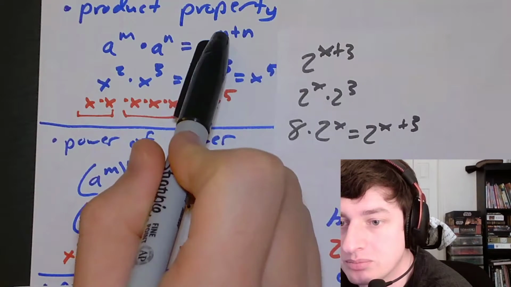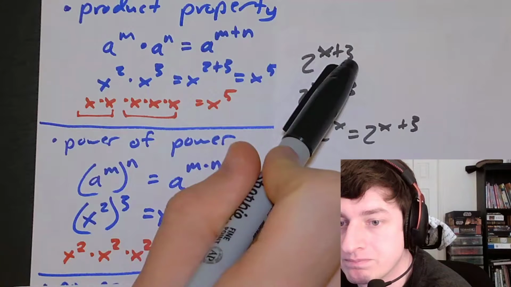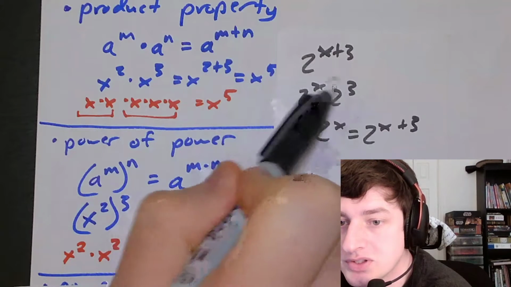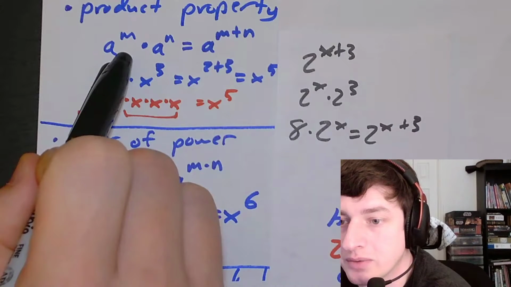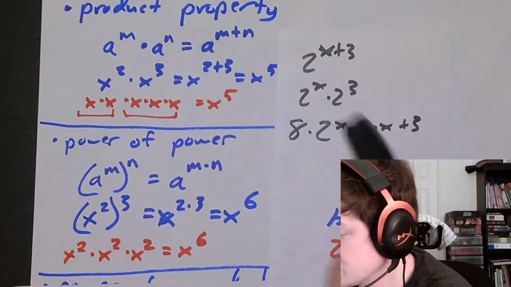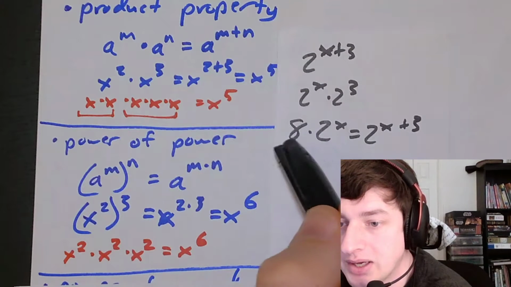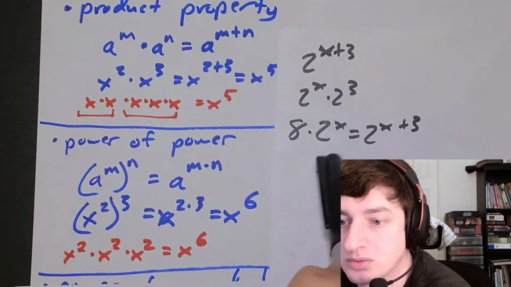This is just m plus n. A is 2, x is m, 3 is n. I can rewrite this as this multiplication, right? I'm going from this side and I'm rewriting it this way. And then I can rearrange it by putting the 2 to the third in the front, and that's just 8. And so 8 times 2 to the x is the same as 2 to the x plus 3. These are equivalent functions.